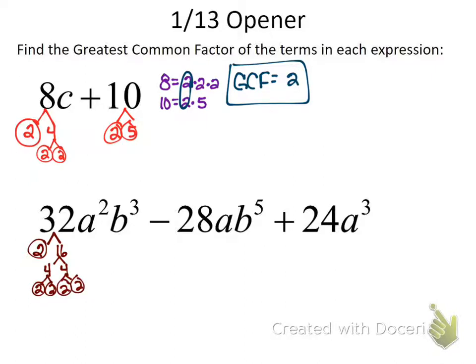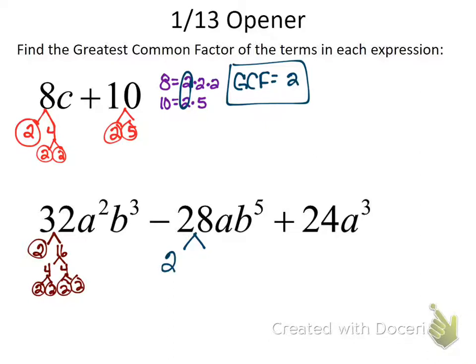Okay? Maddie, do 28 for me. Now, although that's a negative 28, we're going to ignore that negative for right now, okay? That negative is not going to be important to us. We're just focusing on the coefficient and the variables. So 28, go ahead and factor for me. Would it be 2 times something?